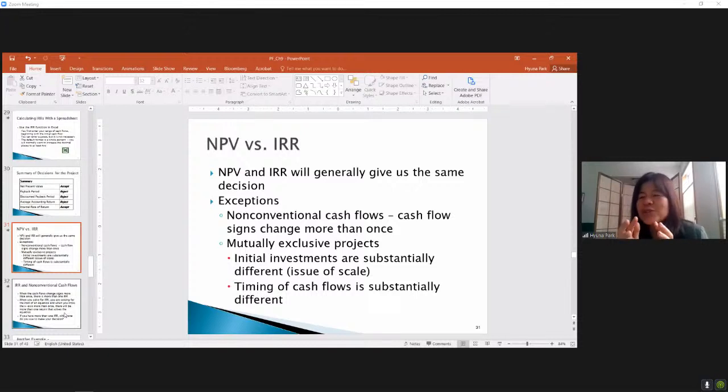What's the nature of a warranty? Car buyers, if they decide to buy the extended warranty, from the company's point of view, they receive a warranty premium payment from the customer. So that's an initial cash inflow.